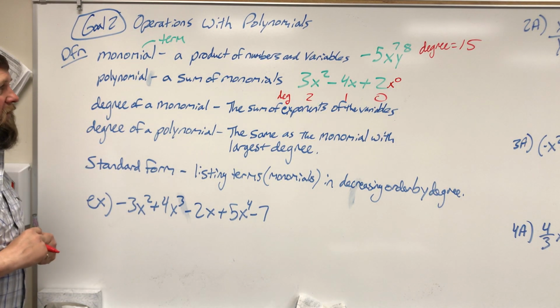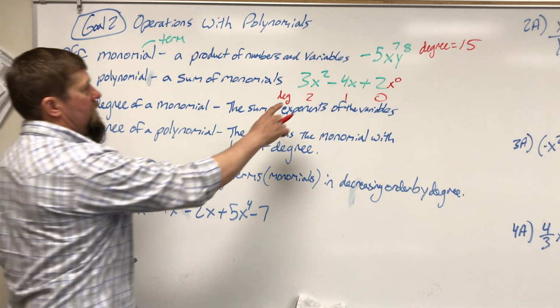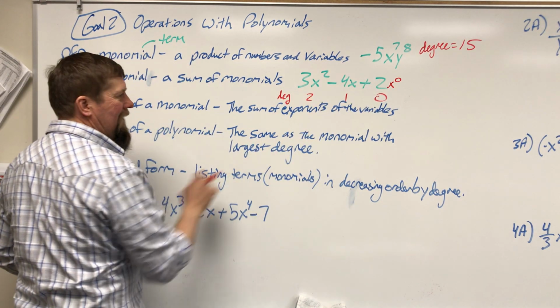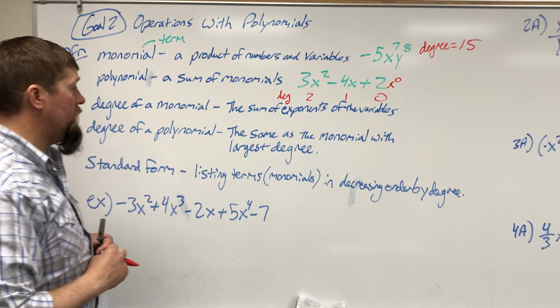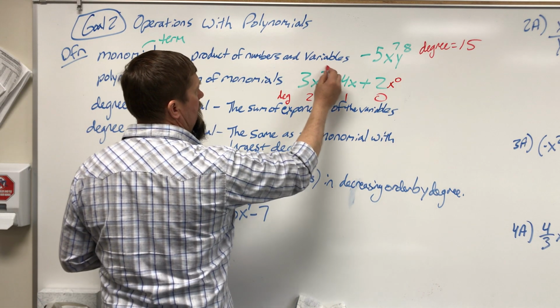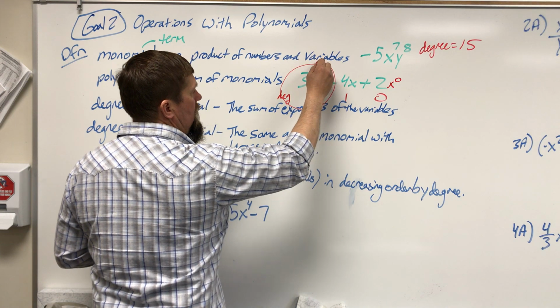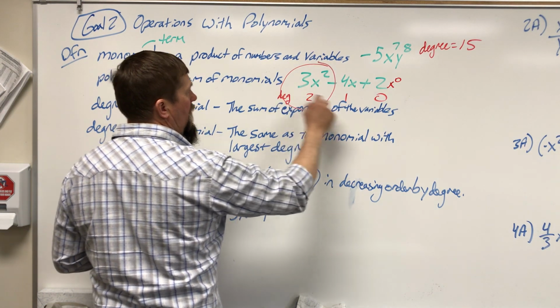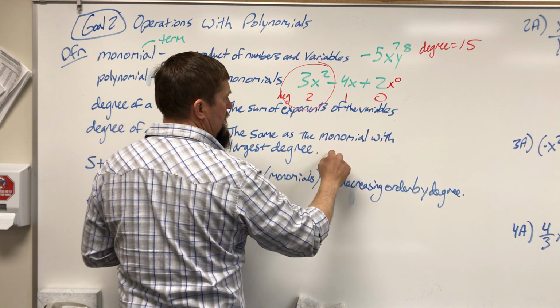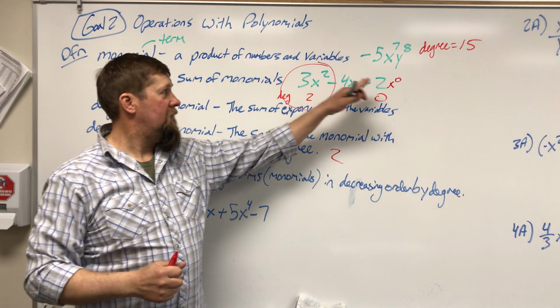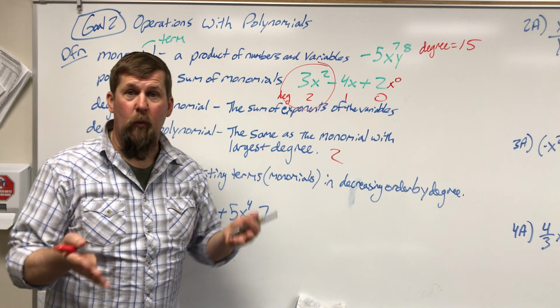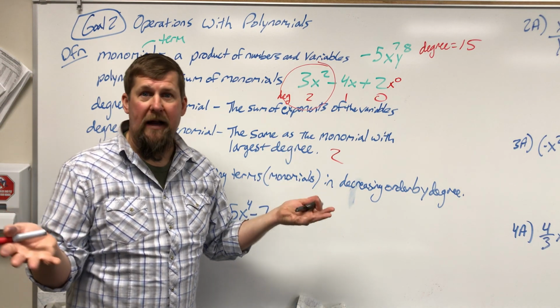The degree of a monomial, we just covered. The degree of a polynomial, such as this, is the same as the largest degree term of that polynomial. Since this one has a degree of 2, the degree of this whole polynomial is 2. Okay, because it's a second degree polynomial, which signifies quadratic.